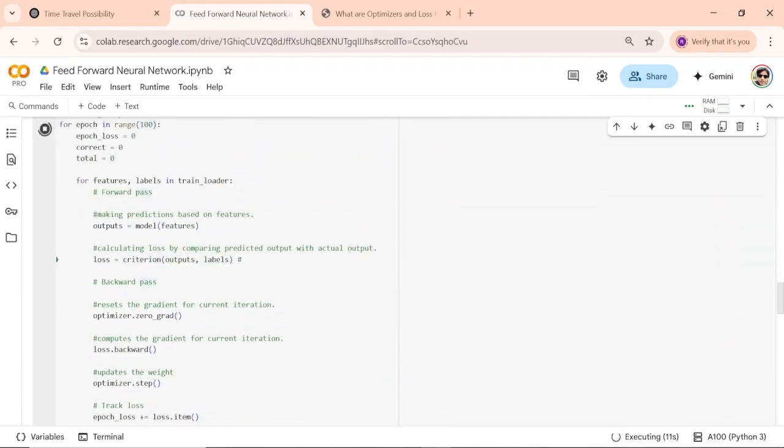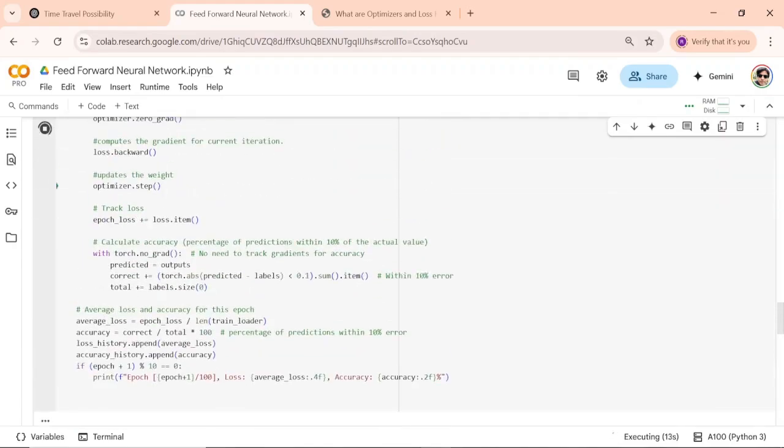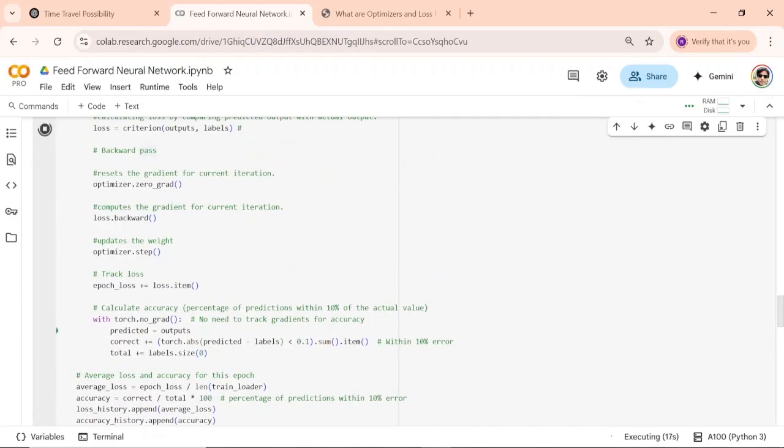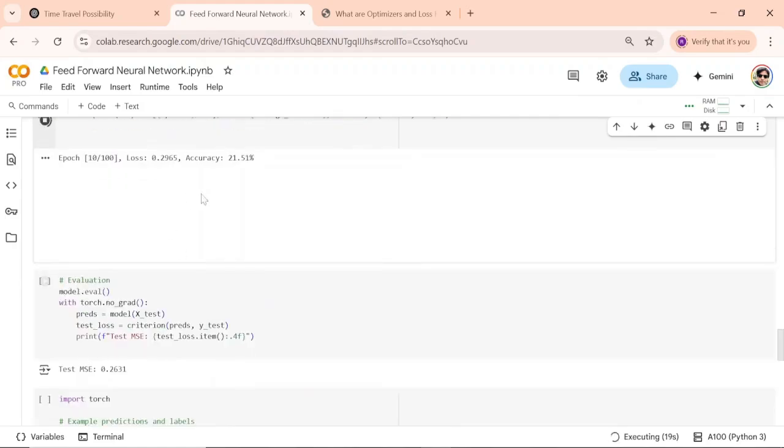It might be calculating some losses and updating the weights. So this is the first epoch it has done. Yeah, the first 10 epochs it had done, and for each 10 epochs I'm printing the value, out of hundreds. So the first 10 epochs gave a loss of 0.29.